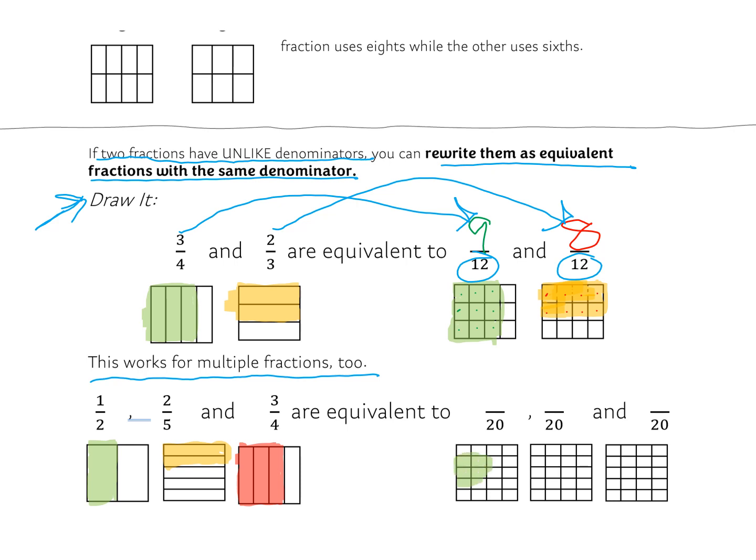Now I can use the draw it strategy. I'm just going to color these in. There's my 1/2. Here's my 2/5. And here's my 3/4. And now that we've used this draw it strategy, I can just count the pieces to know how many 20ths. 1, 2, 3, 4, 5, 6, 7, 8, 9, 10.